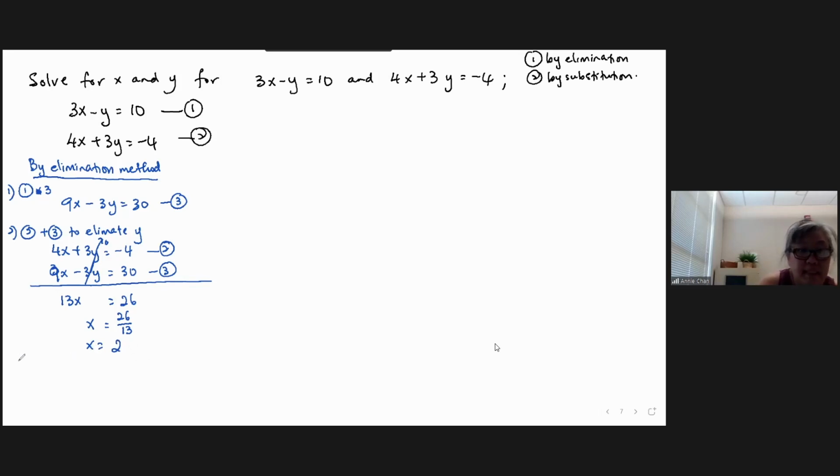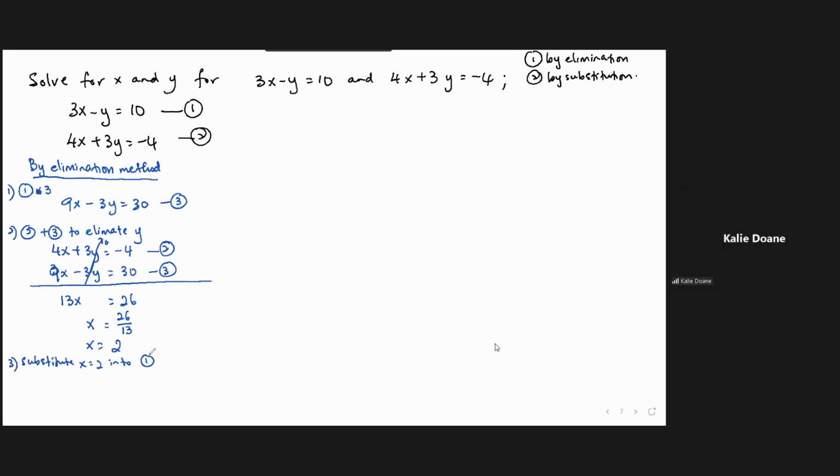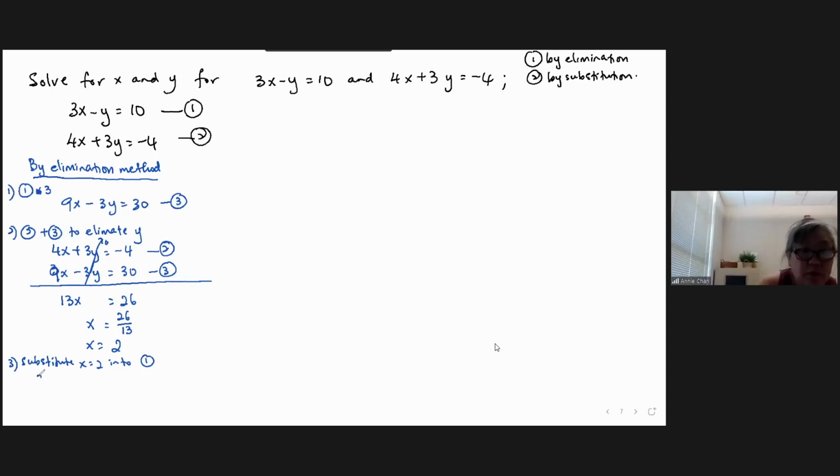So now that I found x is equal to 2, my third step is substitute x equals 2 into which equation would you like? The first one. First one? Okay, into 1. So then 3 times 2 minus y equals 10.